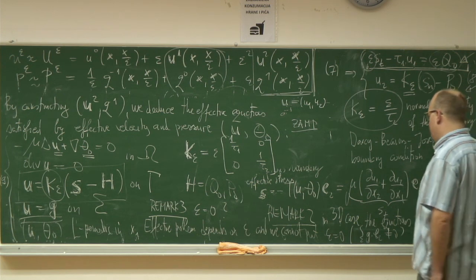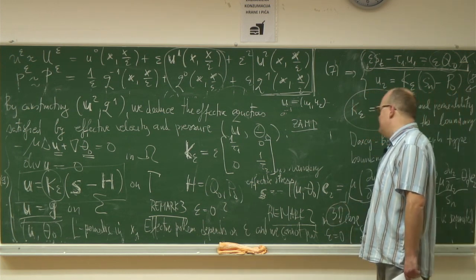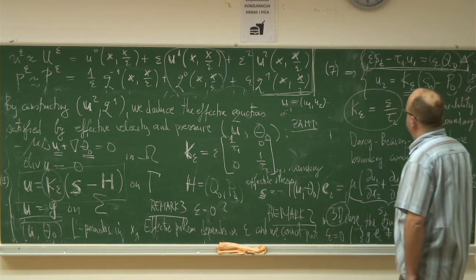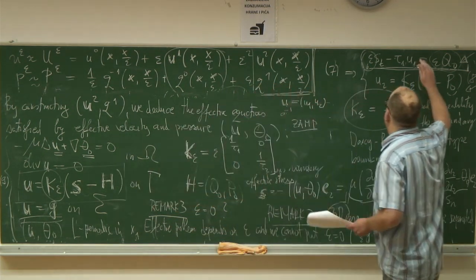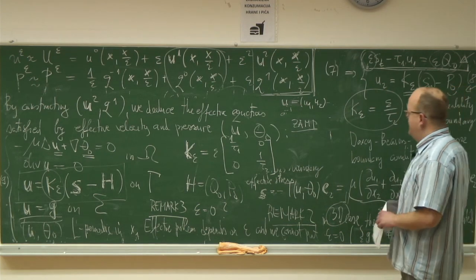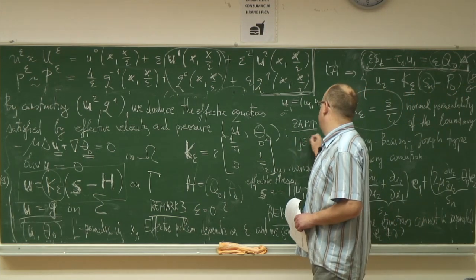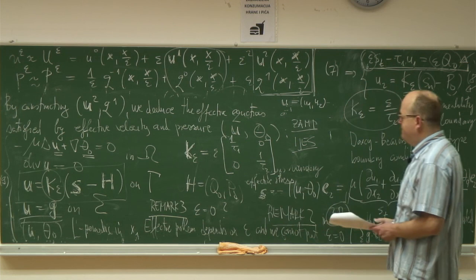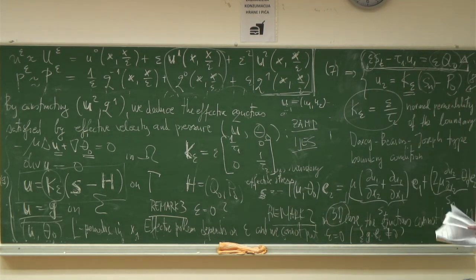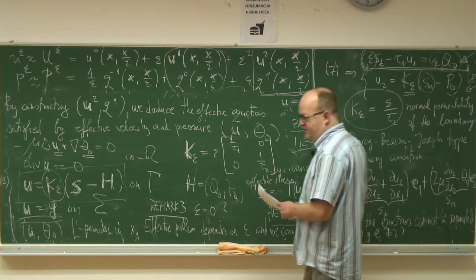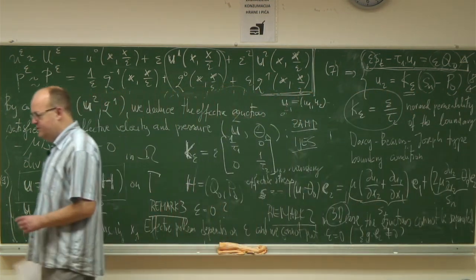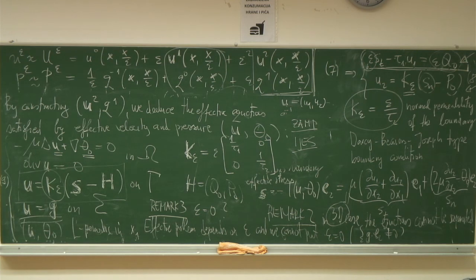And if you want to look at what happened in the three-dimensional case, where we cannot simply separate Darcy type boundary condition as Beavers-Joseph law and Darcy law, then you should look at our joint paper published in International Journal of Engineering Science. And this concludes this lecture, and this was the final lecture of this PhD course.